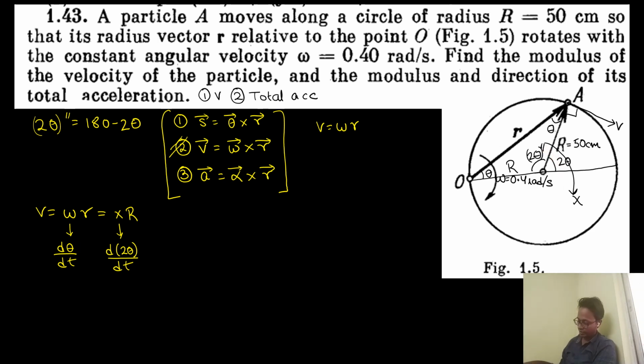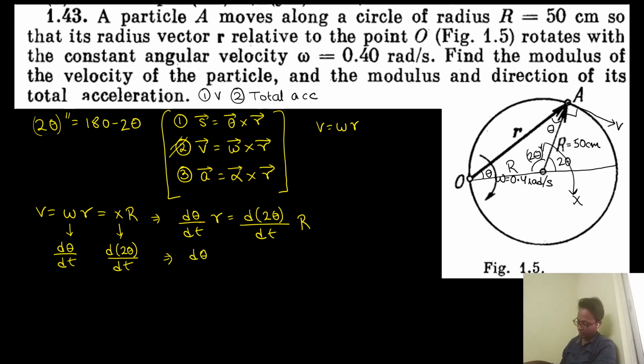So using these two relations, can I write d theta by dt into r is equal to d of 2 theta by dt into capital R? What is d theta by dt? Omega.